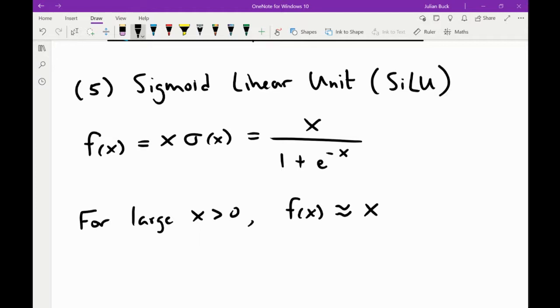Now, what if x is negative, for large negative values of x? Well, then the exponential part is big, so the denominator is very large, right? The numerator is big too, but this is one of those places where you kind of have to do some analysis.